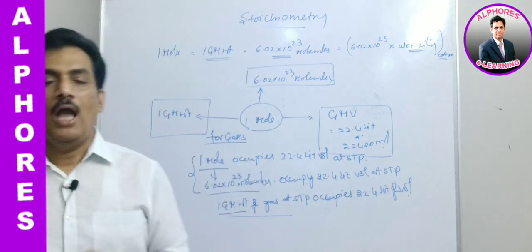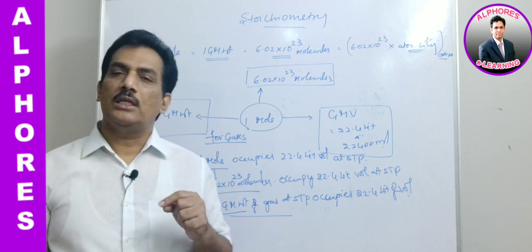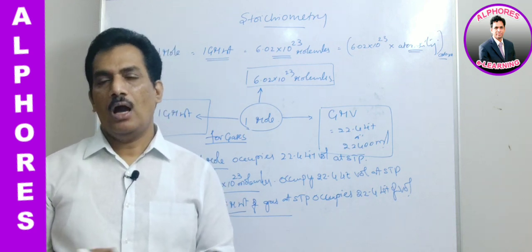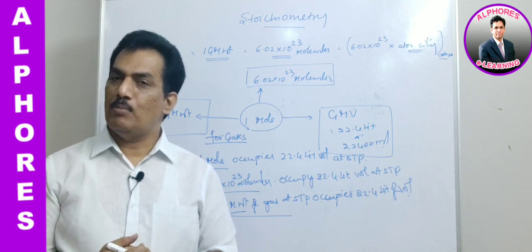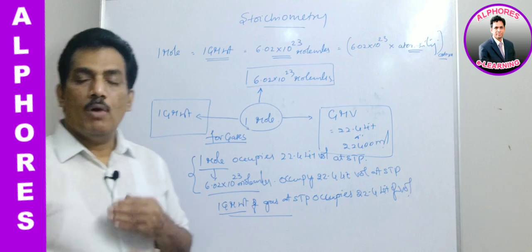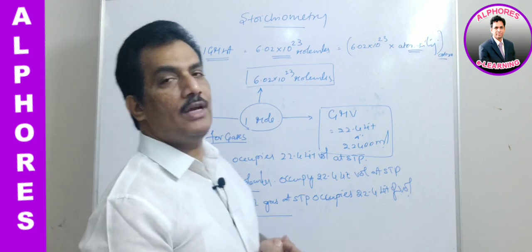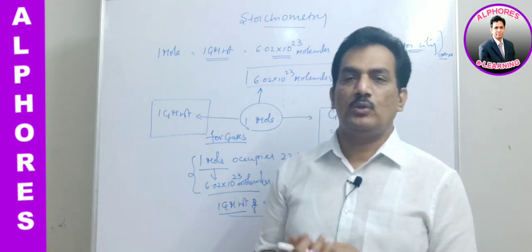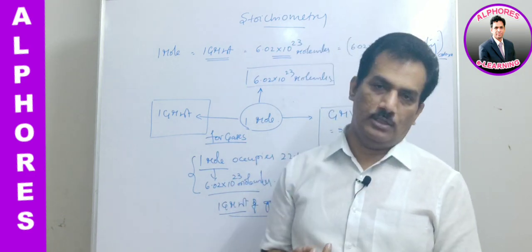As 1 mole is 1 gram molecular weight of that gas, we can define it: the gram molecular weight of any gas at STP occupies 22.4 liters of volume.